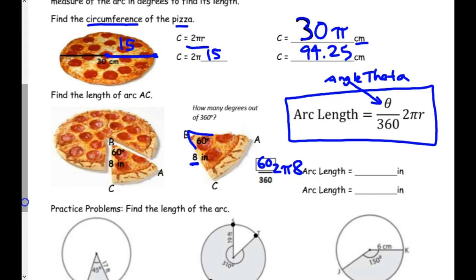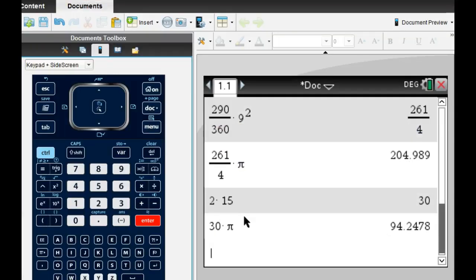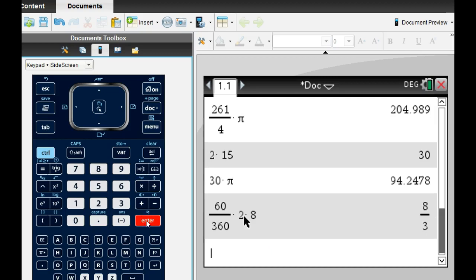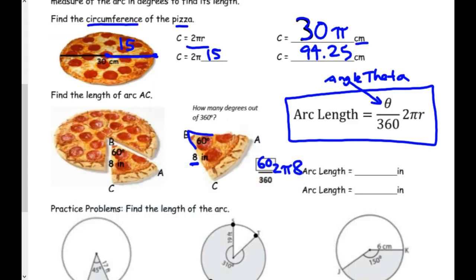Okay? So let's get the terms of pi. 60 over 360 times 2 times not pi, and then 8. 8 over 3. What goes next to it? Pi. 8 over 3 pi.